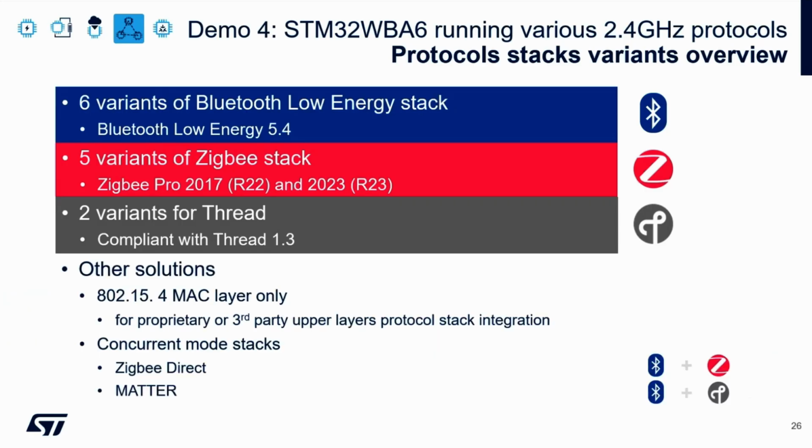Additionally, the SDK supports using the 802.15.4 MAC layer stack for proprietary protocol implementation, and there are also different concurrent mode stacks, which enable the STM32WBA devices to use 2 wireless protocols in one application. So this is a feature that is used for advanced protocol implementations such as ZigBee Direct or Matter, which will both be discussed a little bit further.